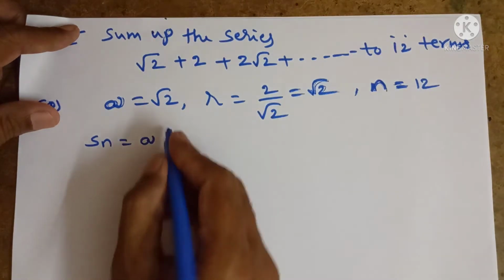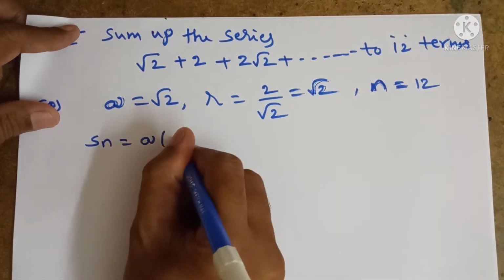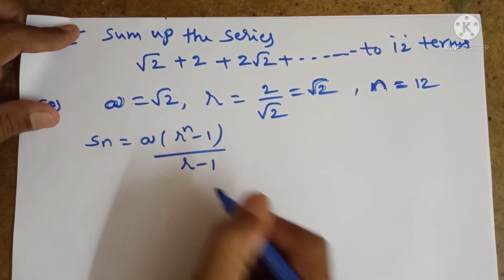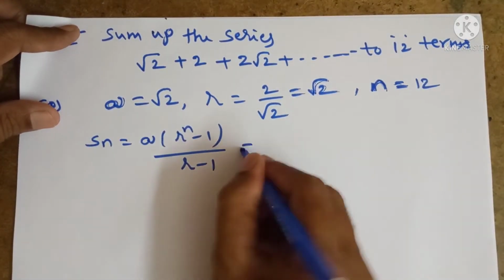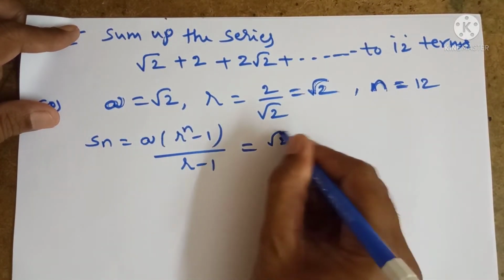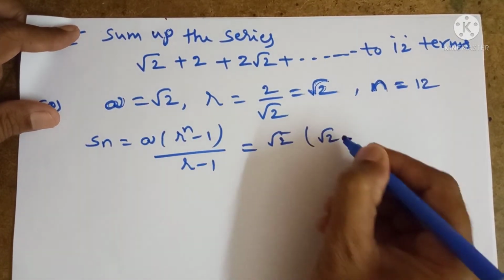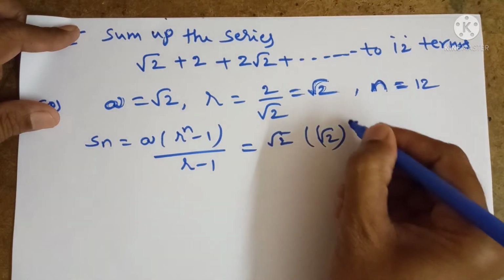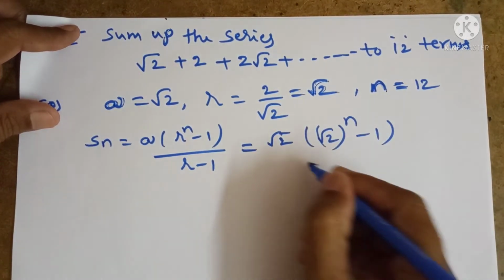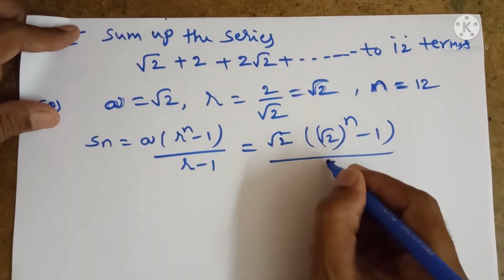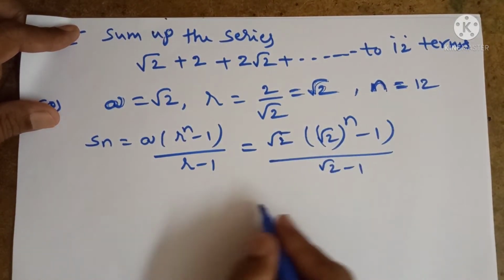Greater than 1 means a into r power n minus 1 by r minus 1. This is equal to root 2 into root 2 power n minus 1 by root 2 minus 1.